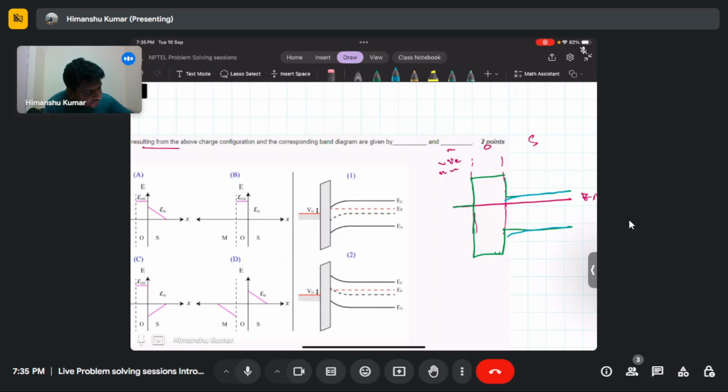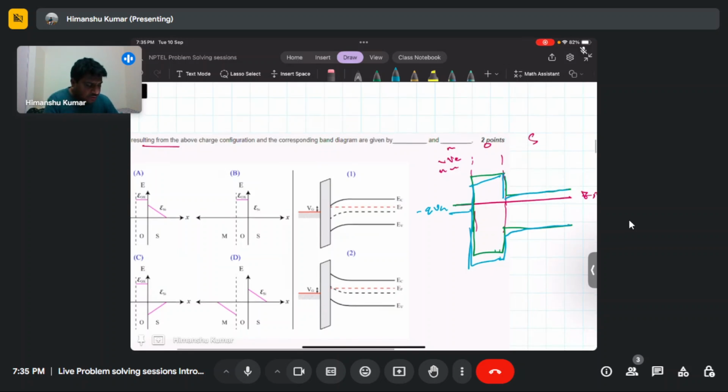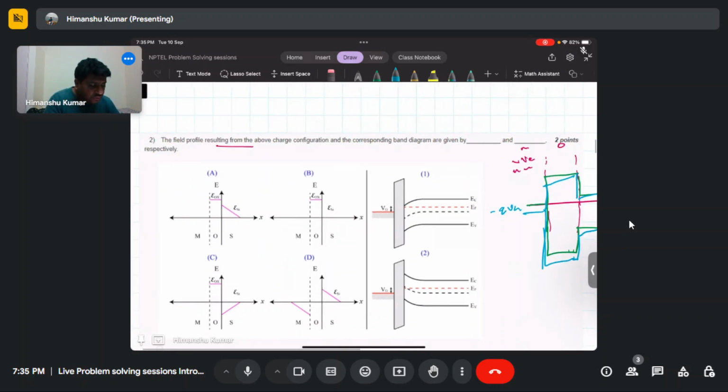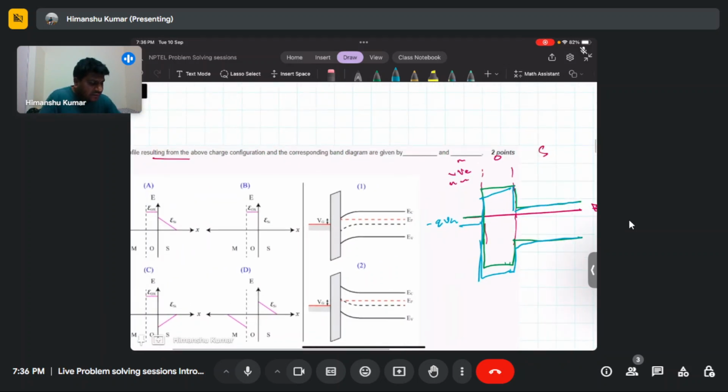So the bending will be downward, and correspondingly you need to apply a negative gate bias, so negative QVG. That basically is the accumulation region.